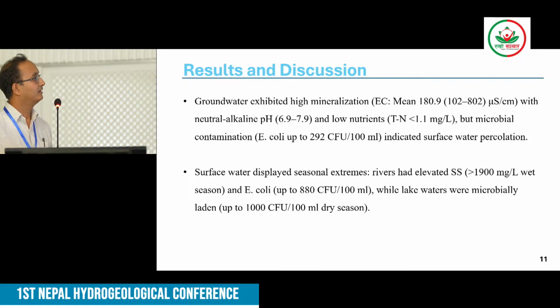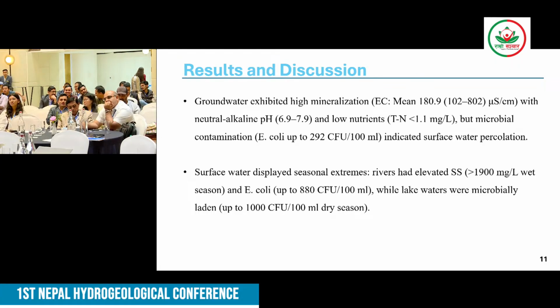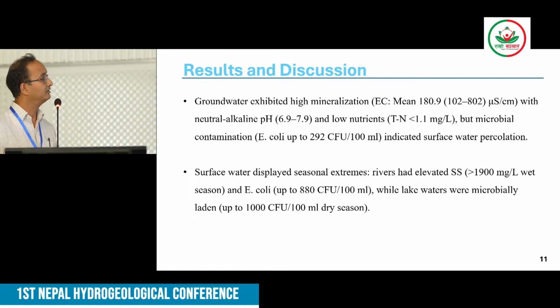So what we can say here is that the groundwater mineralization is very high. You can see the mean is 180 microsiemens per centimeter, and the pH is 6.9 to 7.9, and the nutrients, total nitrogen and total phosphorus, are quite low.